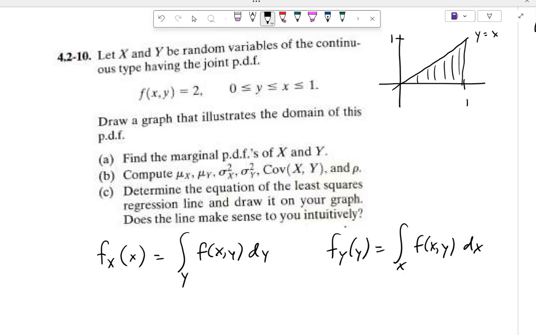In the second case, my x bounds need to be in terms of y, right? So when I'm integrating with respect to y in this first case, I'm holding my x constant. What are your bounds for y holding x constant? 0 to x, good, because I have to go up and hit the line. The function is just 2. So we'll get 2x when we're done.